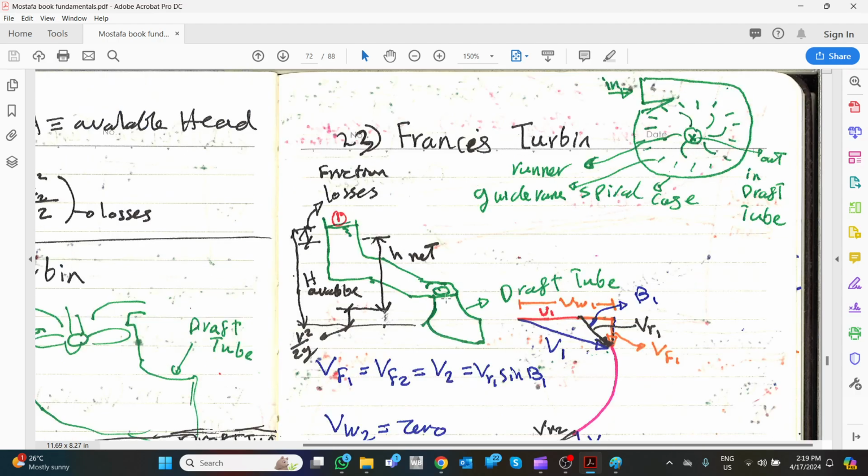Here we are not at atmospheric pressure. We are in continuous flow in a turbine, then a pipe, which is named the draft tube. So there is a velocity that escapes.